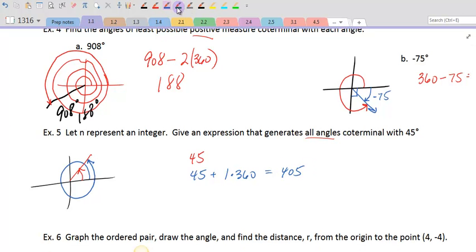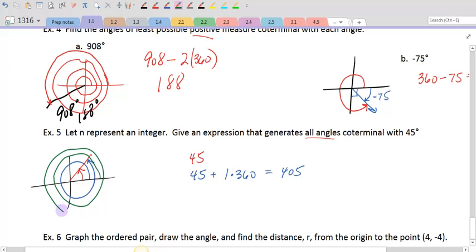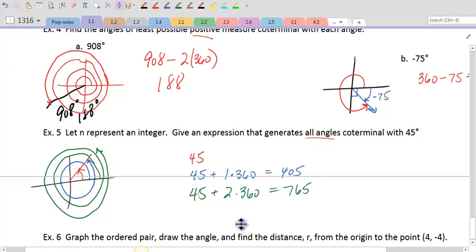Okay, let's do that again. Think again. This time, what if I went 1, 2 revolutions plus 45 degrees? So if I have 45 plus 2 revolutions at 360 degrees, I end up with 765. So can you see the pattern forming here?